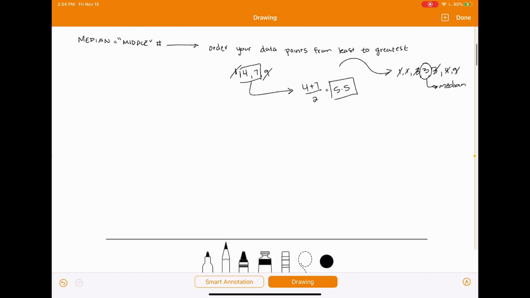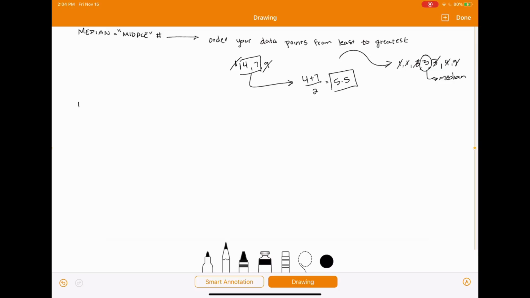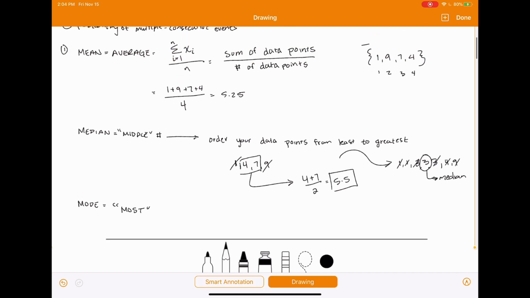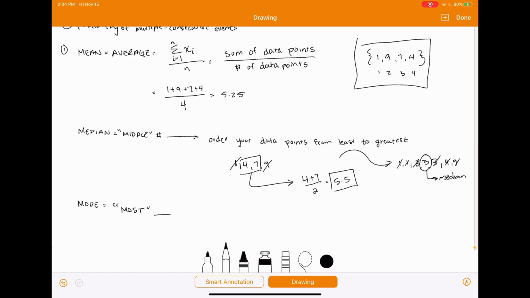Okay? And then the mode is going to be the data point that occurs the most. So if we had this original data set right here, we have no mode because every data point only occurs once, so no mode.